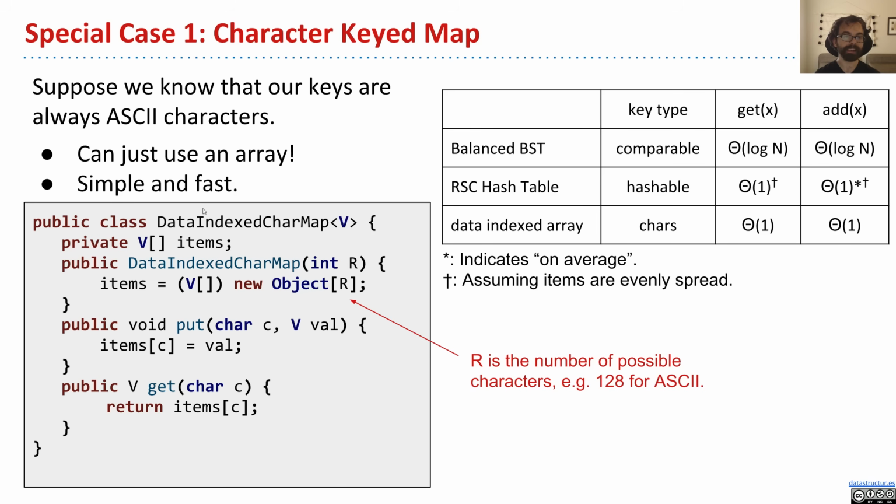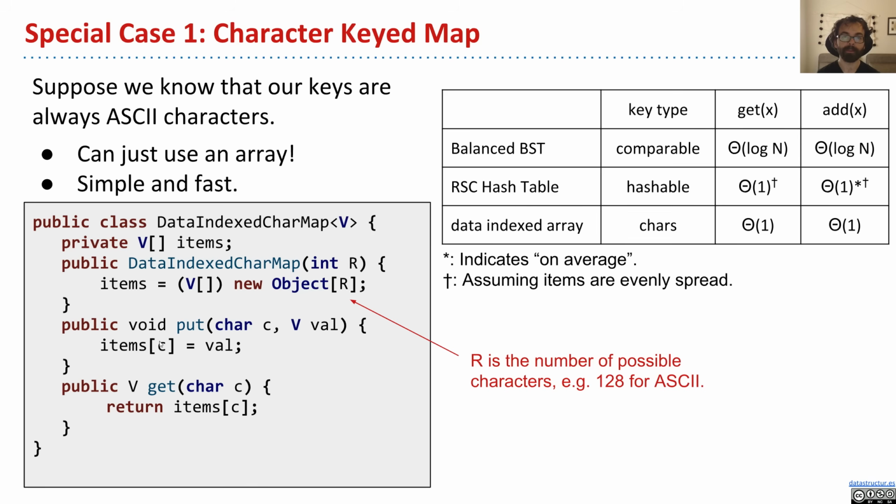So I have a data index character map that stores values of some arbitrary type, say integer. Then I just have an array of V's, so if they're integers, it'll be an array of integers. And then when I put exclamation point 306, I would just go to the exclamation point element of that array and set it equal to 306.